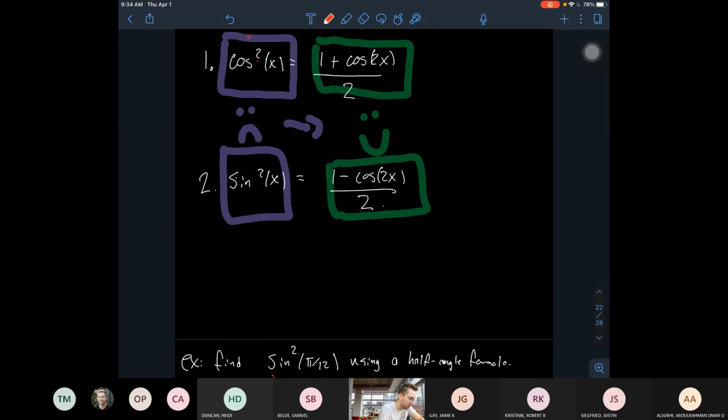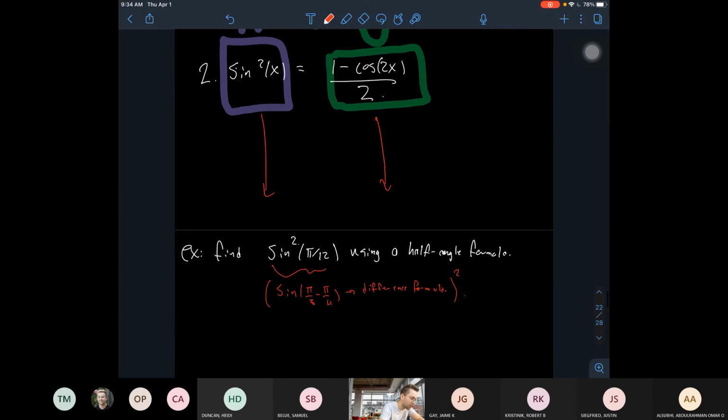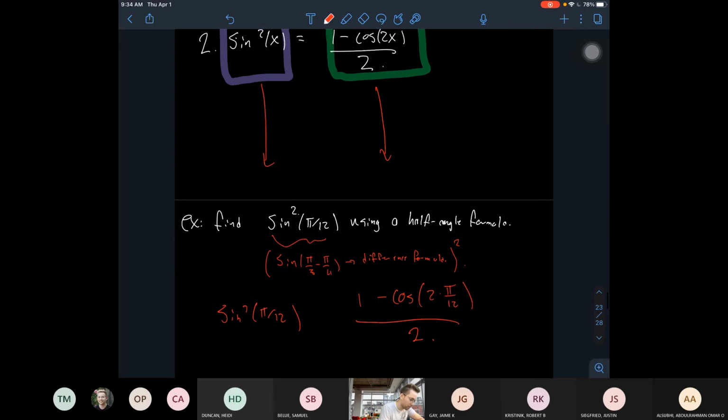Okay. So here's what's going to happen. We're going to use this second one here. So rather than computing sine squared of pi over 12, I'm going to compute 1 minus cosine of 2 times pi over 12, and I'll take all of that and divide by 2.